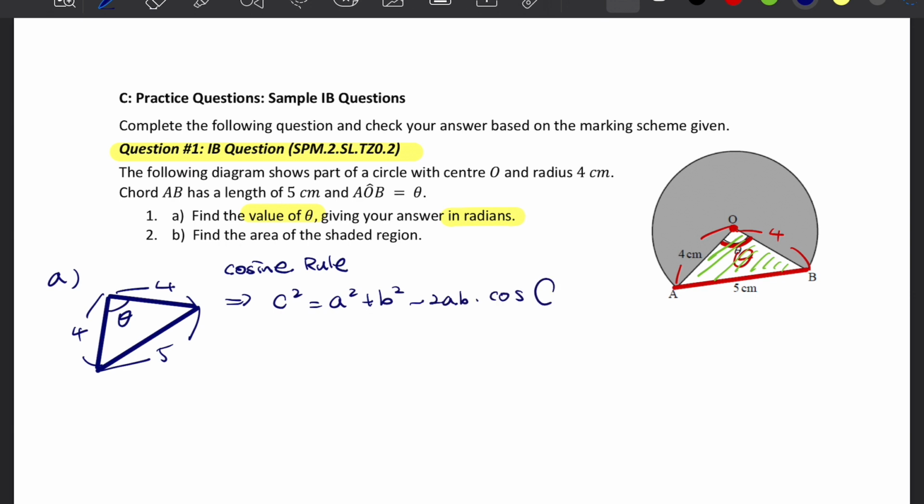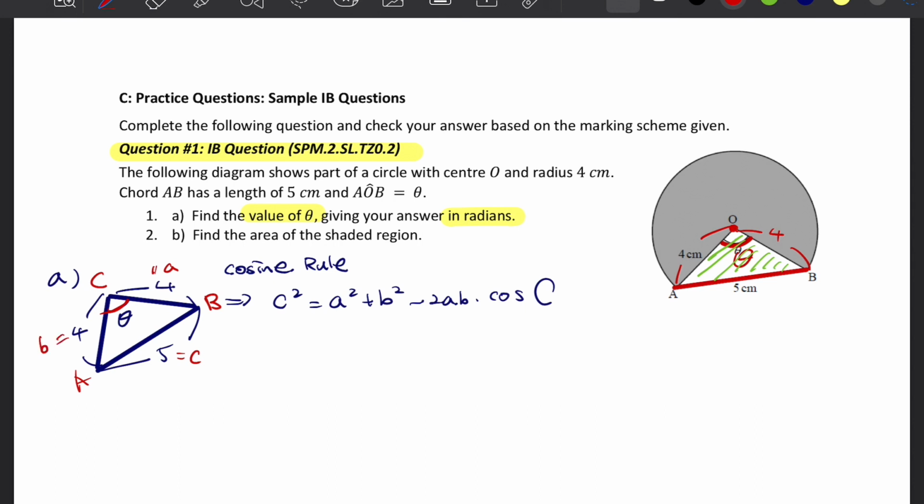Let's say we have points C, A, B, then theta is angle C. Then the 5 is small c, side C, and the two 4s are side A and side B.